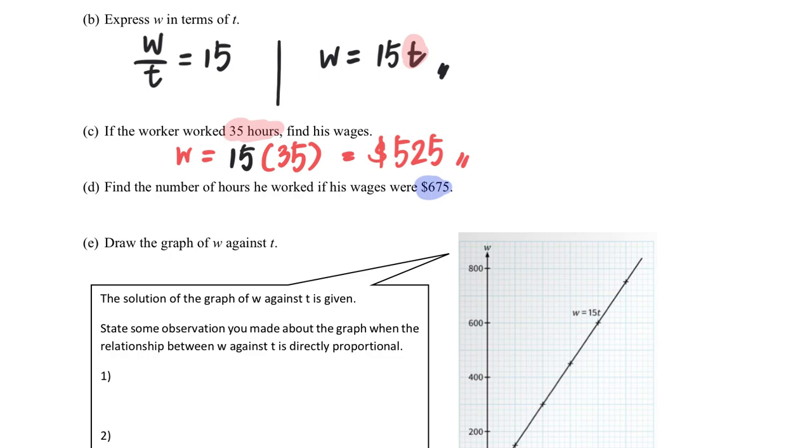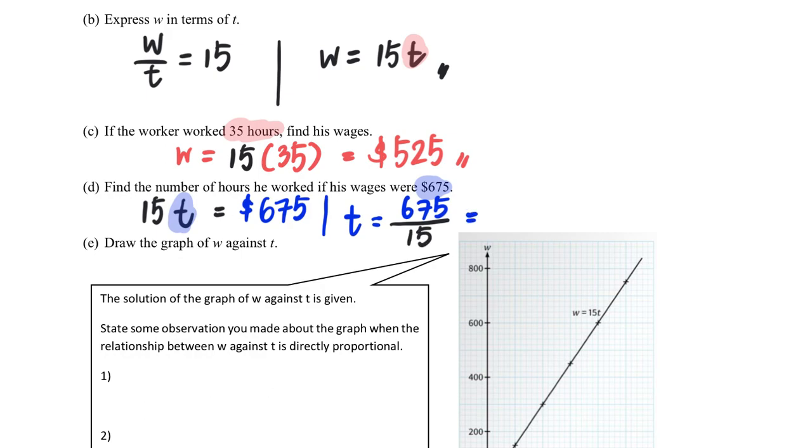If 15T is equal to $675, how do I find my T? My T will be equal to 675 divided by 15, which gives me 45 hours.